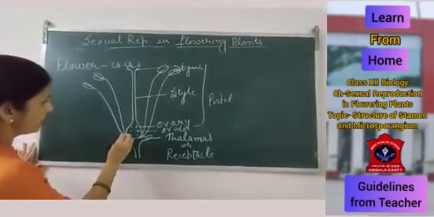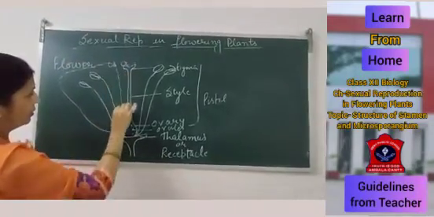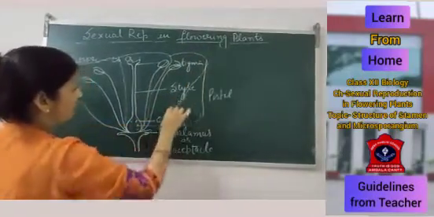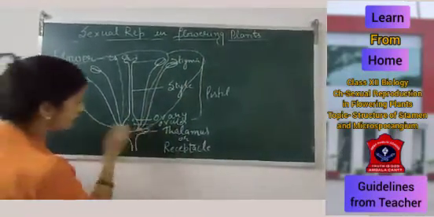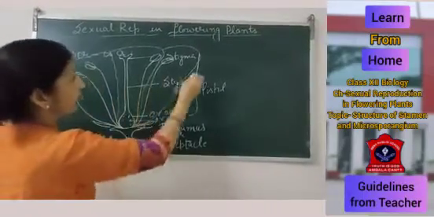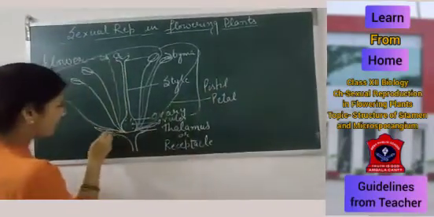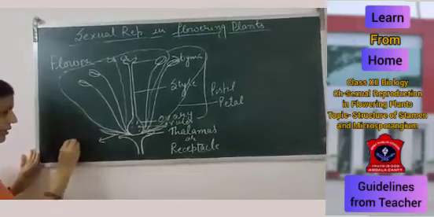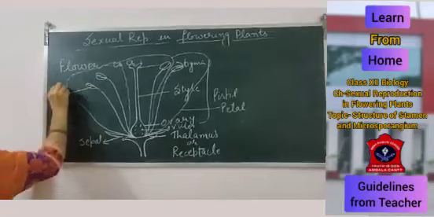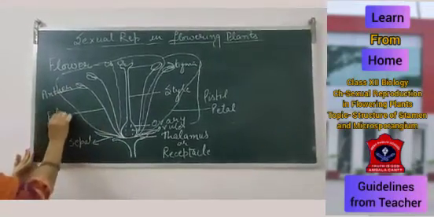The next whorl is of petals, and the last whorl is sepals. This is a petal and the green colored structure is known as sepal. This is the anther and the elongated structure is the filament.